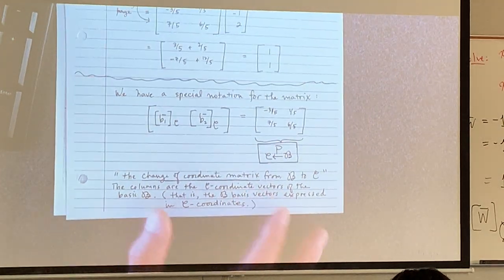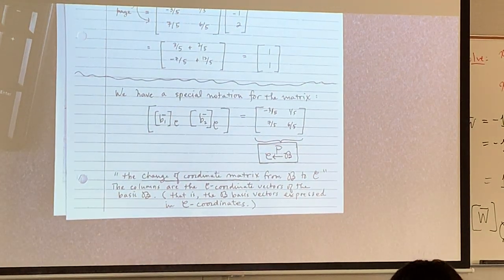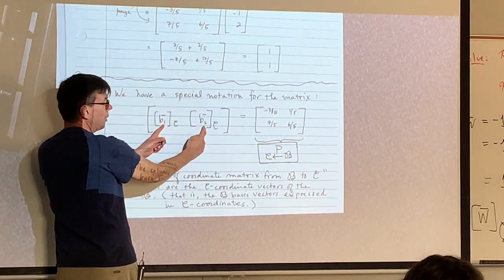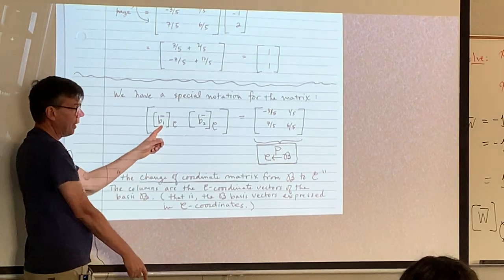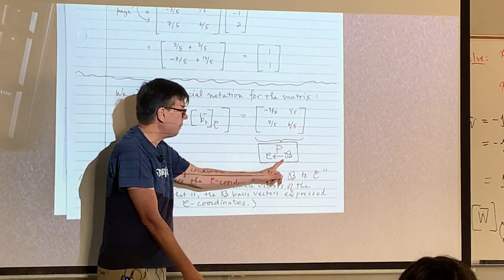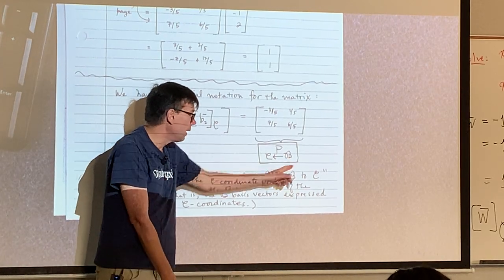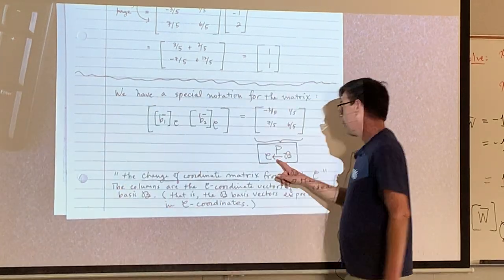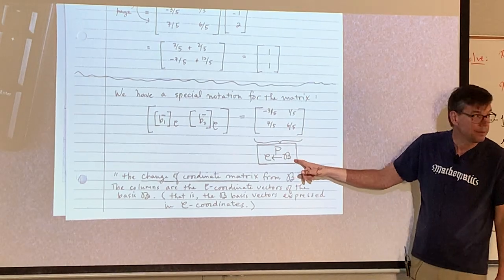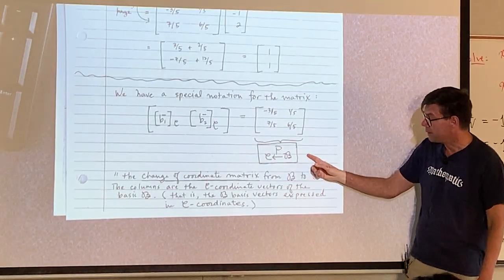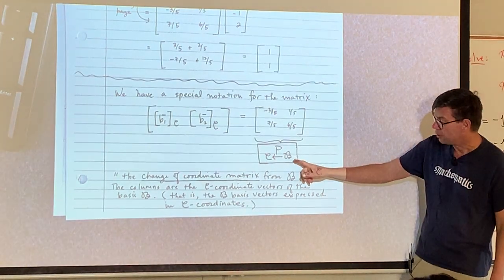Well, we're going to take the matrix up here, which had the c coordinates of B1 and B2 as columns, and we're going to give it a special name. This P with a backwards arrow, C backwards arrow B. And we've got to get used to this notation, and we're trying to take this easy so I don't just throw it at you.